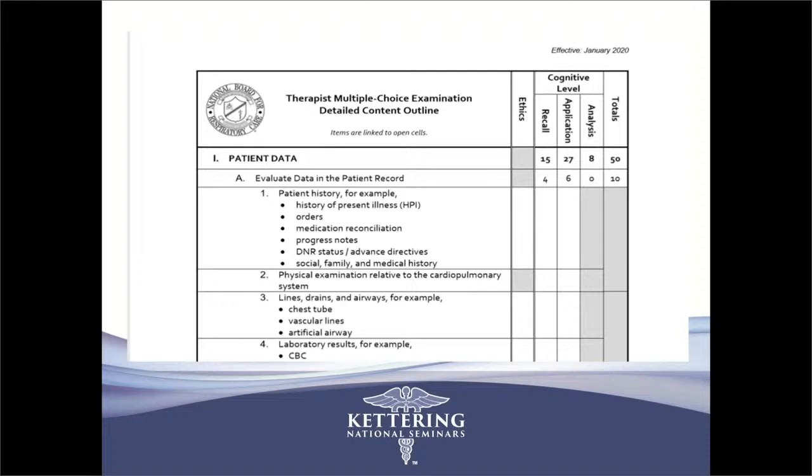And then we also know how they construct their questions. So we take those things into account, and then we take this matrix and this is what we produce our study guide from.